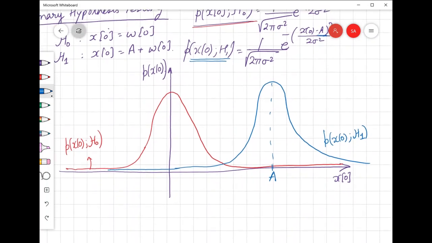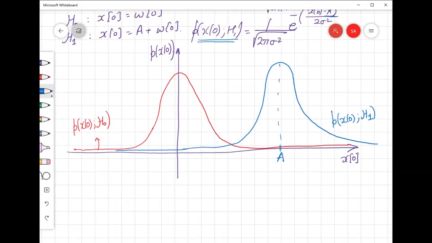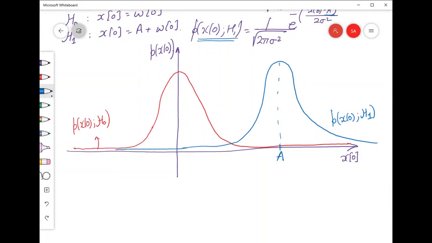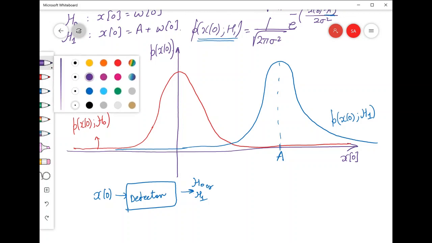Now what is our job as a design engineer or as a communication engineer or as a detection engineer? Our job here is to take this x0 and design a detector such that we tell which one of the hypotheses is correct, h0 or h1. So this is our job as a detection engineer.